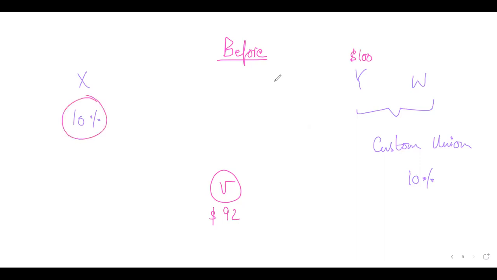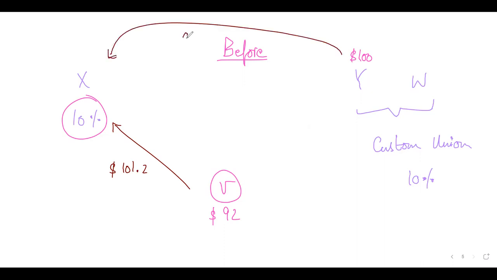With a 10% tariff, how much would a car cost X importing from V? 10% higher than 92 is $101.2, right? At a price of $92, that cost them 101.2. Whereas importing a car from Y would mean it will cost them $110, because 10% higher than 100 is 110.